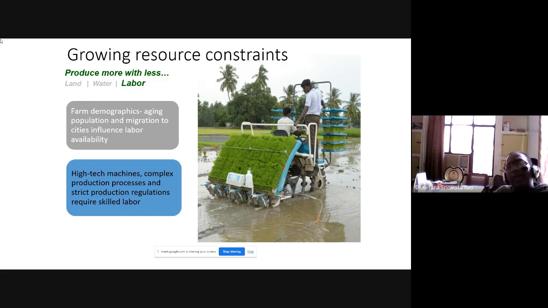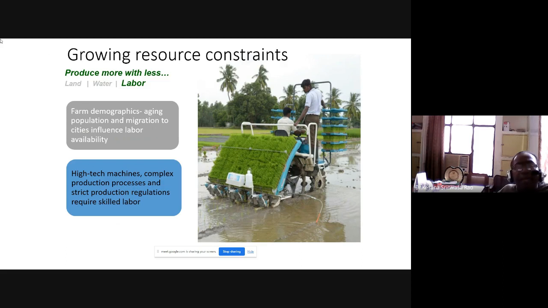Now the third factor, which is very much useful in the agriculture process: labor is going away from agriculture. Farm demographics: an aging population and migration to cities influence labor availability.